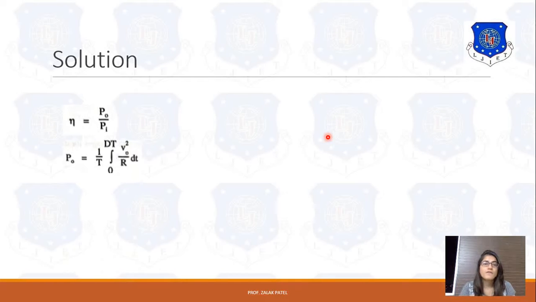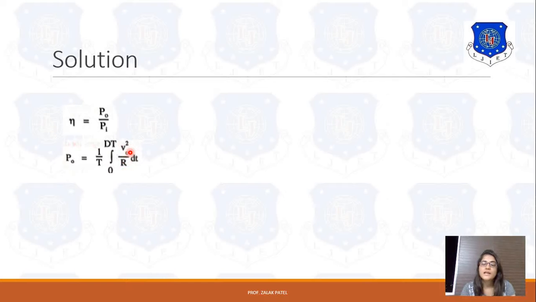The output power is voltage into current, but current can be written as V upon R, so V into V upon R means V0 square upon R, and here 1 upon T. The total on time of the step down chopper is taken as its actual operation time, so we integrate from 0 to dT, V0 square upon R dt. So this is our output power.